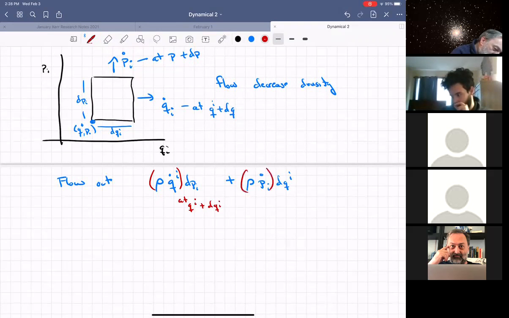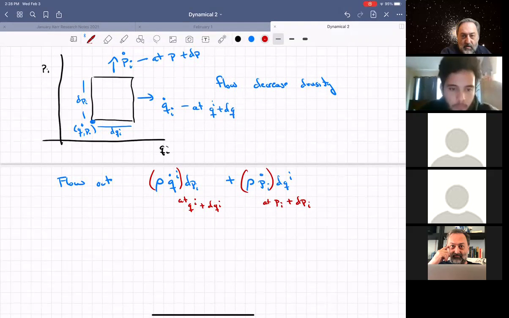And this whole thing here is happening at pi plus dpi. So I'm going to take the flow out, which is happening a little bit over from where the flow came in.